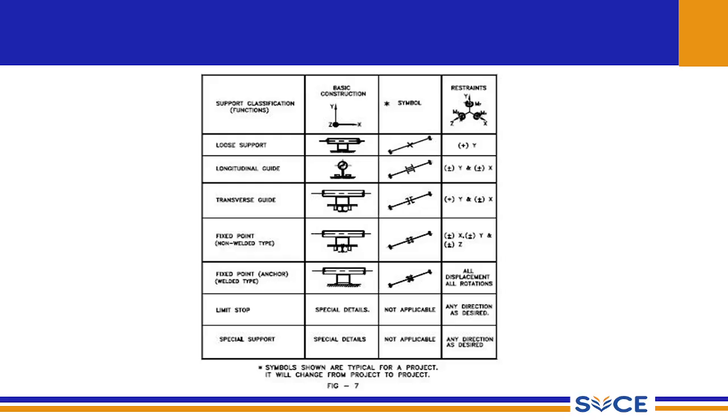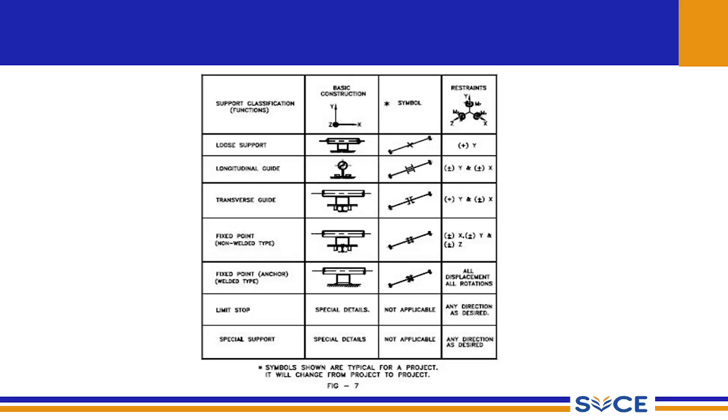So this picture shows the support classification based on the functions of the support. For example, if you look at the first picture, it is indicating a very loose support.